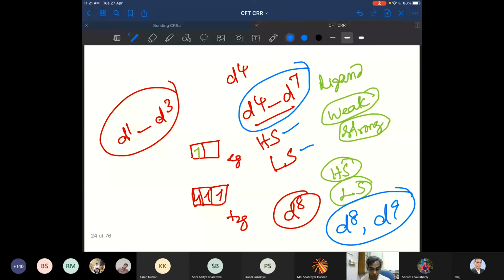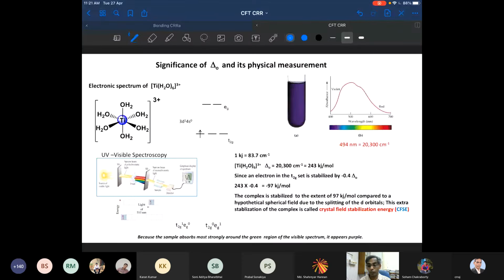Okay. Now let's go here. What's the implication? Because basically we are going to talk about the properties. We'll come to the crystal field stabilization energy a little later on, but before that, we'll talk about this. So here, for example, I have titanium hexaqua 3+. There I have a d1. Only one electron is there.